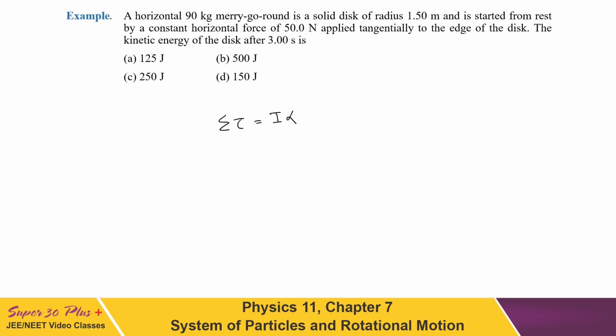So from here alpha is net torque upon I. Substituting, F is the external horizontal force, so its torque will be Fr divided by I, which for a disc is mr square by 2. That is 2 Fr upon mr square. r also got cancelled. It will be only 2F upon mr.